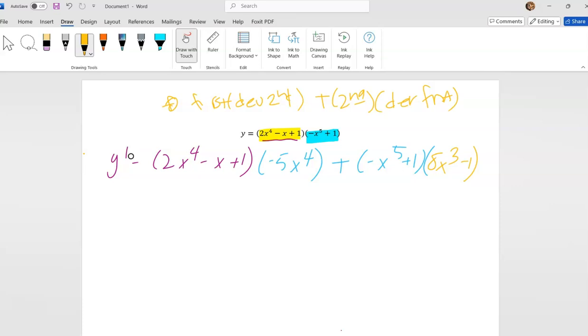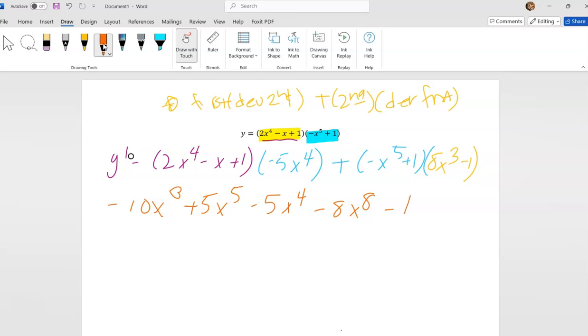Now at this point we have to clean up. This is just going to be a lot of foiling. So I'm going to FOIL everything here, and I'm going to get negative 10x to the 8th plus, because two negatives, 5x to the 5th minus 5x to the 4th minus 8x to the 8th minus 1.